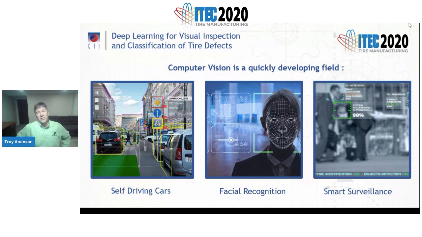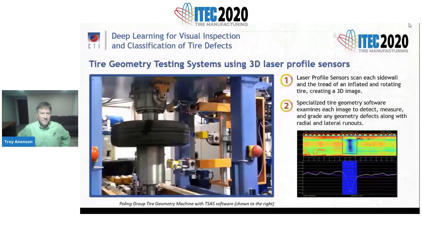Visual identification tasks that were once the sole domains of human inspectors are increasingly achievable by intelligent computer vision systems. Tire manufacturers have an opportunity to use this technology on top of their existing equipment investment to provide even better quality control.